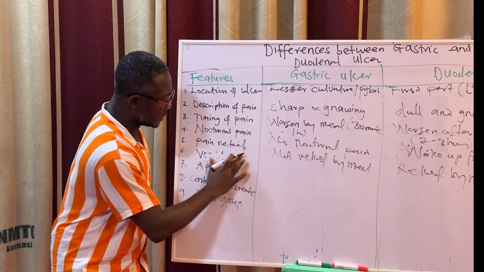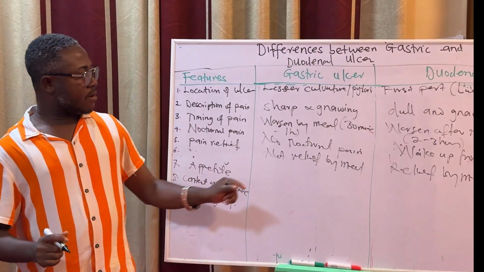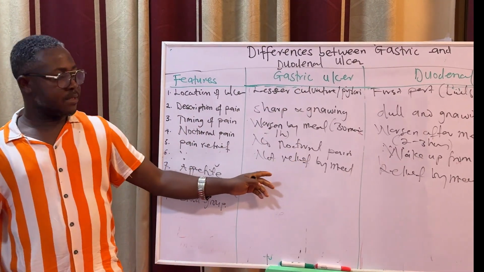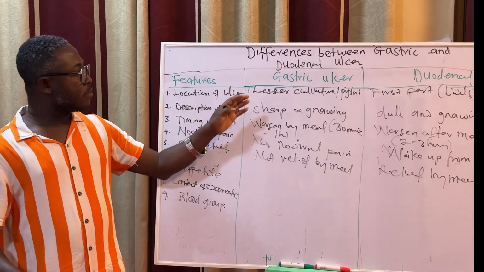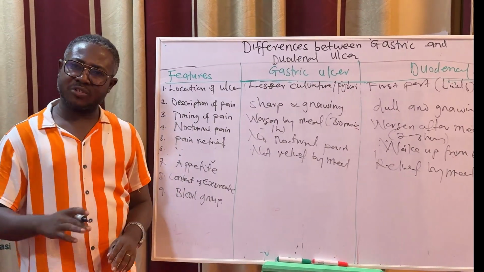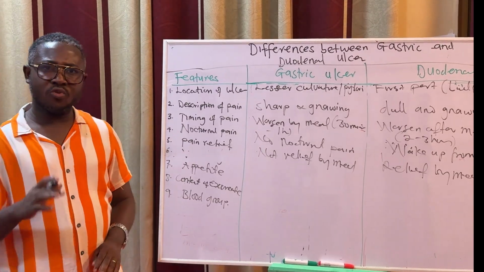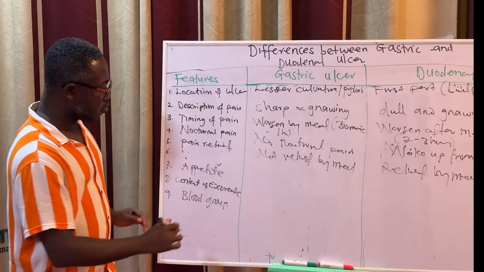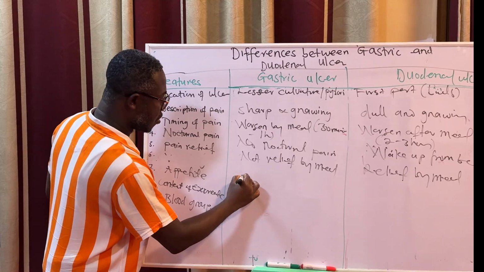Now, if we say that pain gets worse in gastric ulcer, that means that patients with gastric ulcer will always not feel for food, and so there is always anorexia.